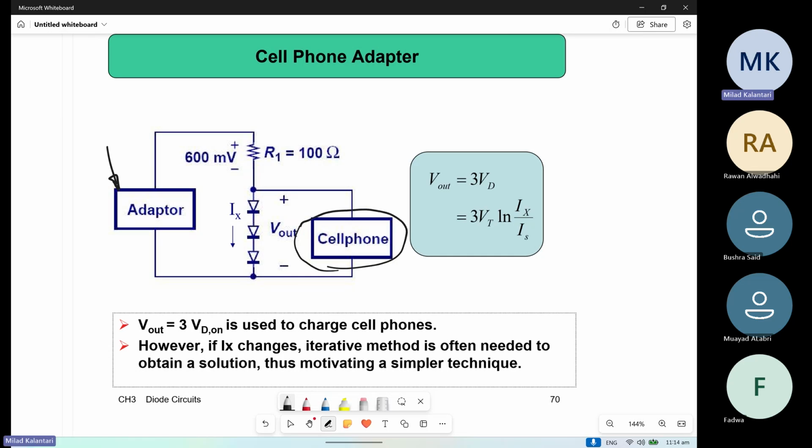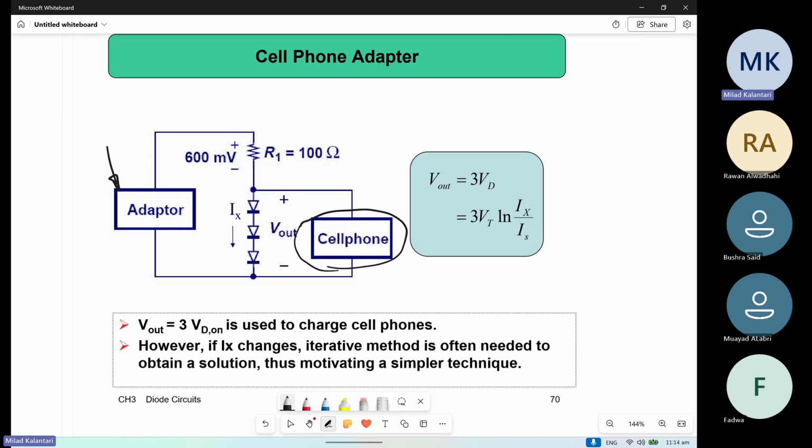So you can stack a series of forward biased diodes. Each diode has some VD on, which is almost fixed and not varying too much.